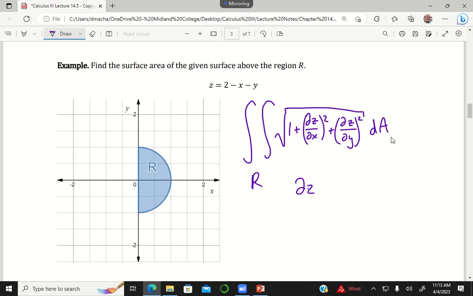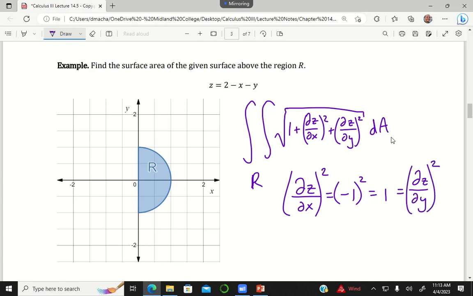So, what is the partial of z with respect to x? -1. And so what would that be squared? Squared, that is just 1, right? And then the same thing goes for y. We have the same partial derivative with respect to y squared.